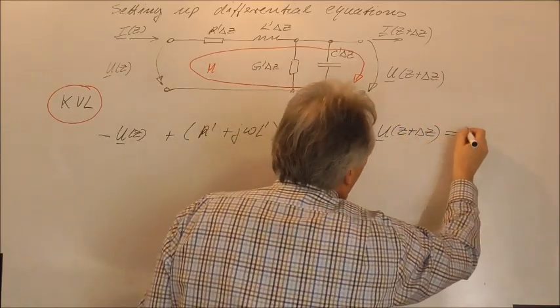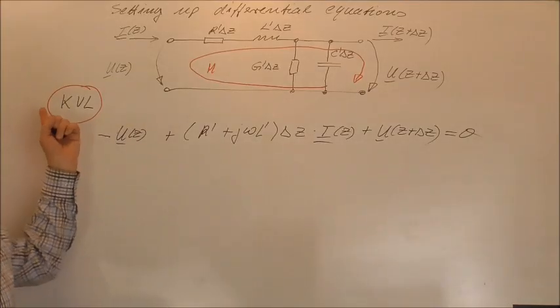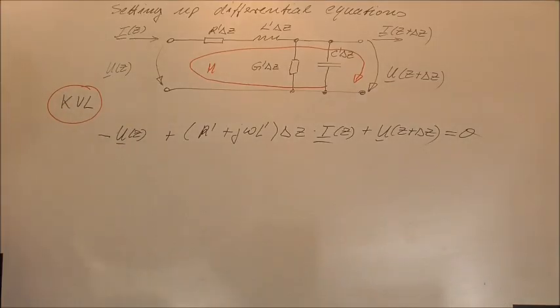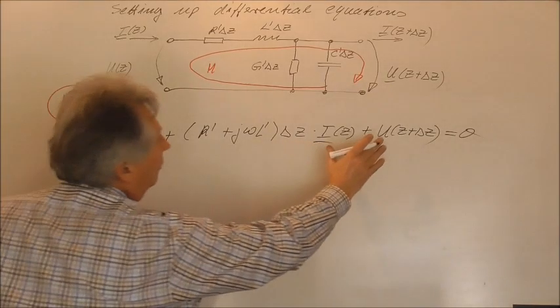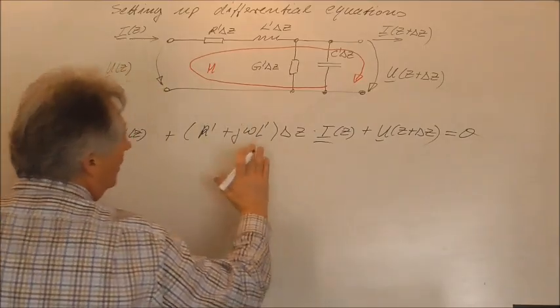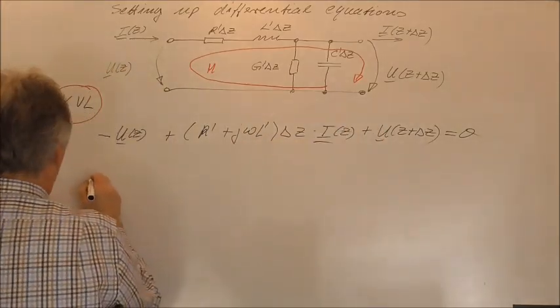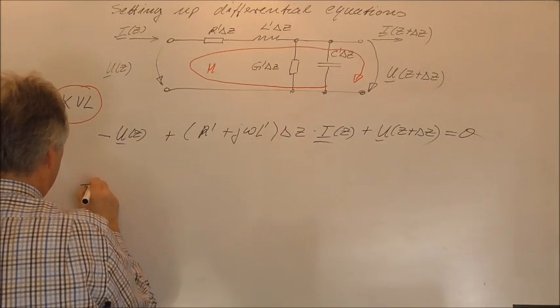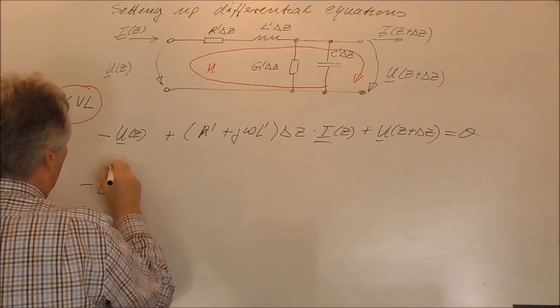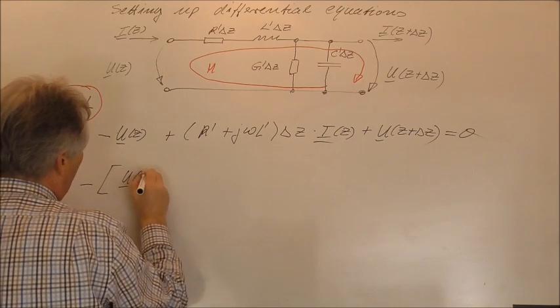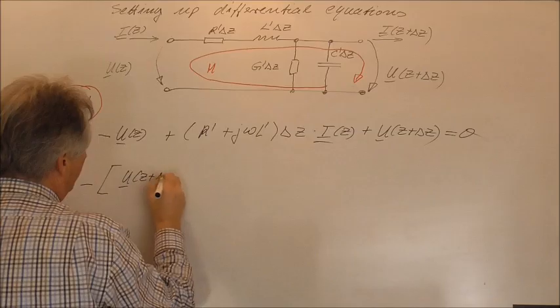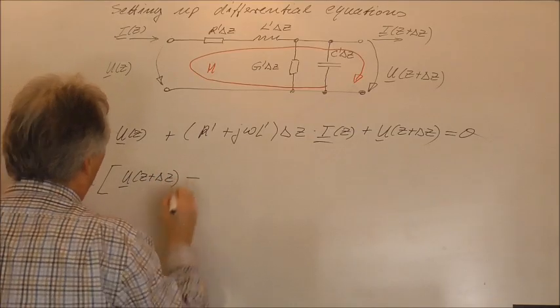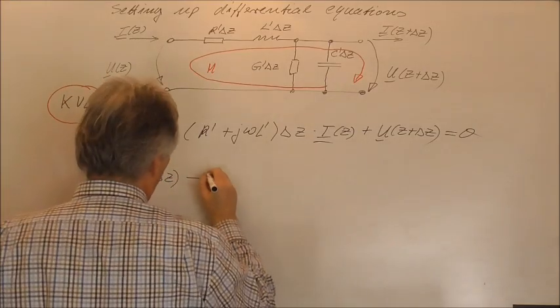And of course this must be zero according to Kirchhoff's voltage law. Now we can separate the voltages and the current, so we bring this to the other side and we can write it like this: minus u of z plus delta z minus u of z.